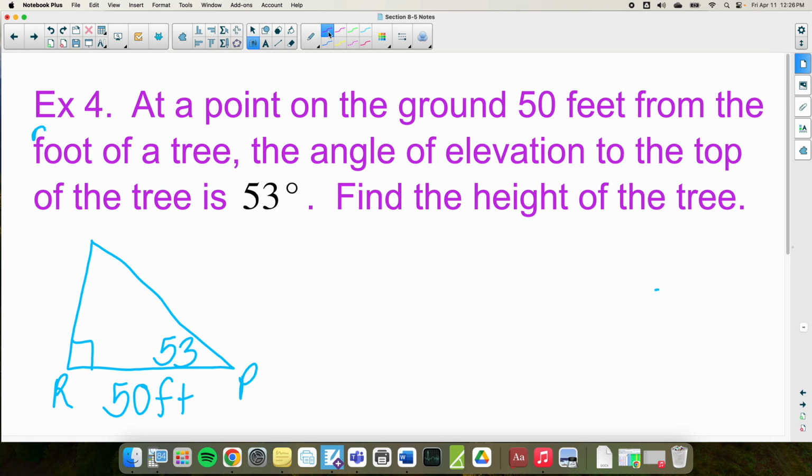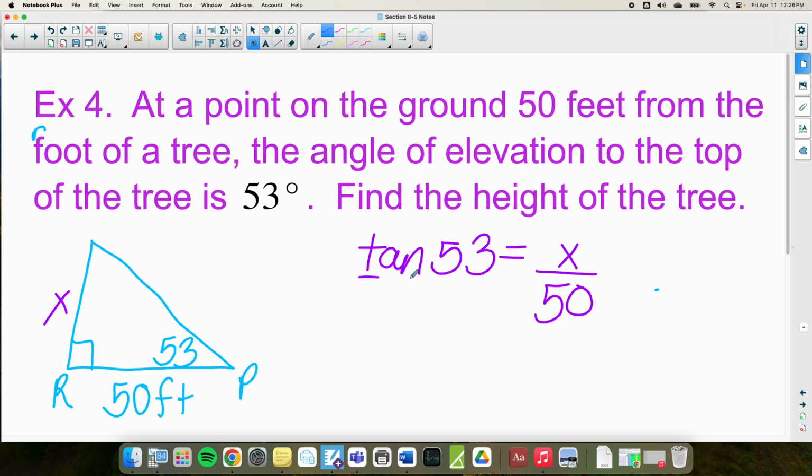Is that easy? Yeah. Height is right here. What trig function is that? So we're going to go tangent 53. Do we all understand why it's tan? Yeah. This is opposite and that's adjacent, right? So tangent 53 is going to equal x over 50. So again, I want you guys to think, why did we do the cross products? Because we know the angle, right?